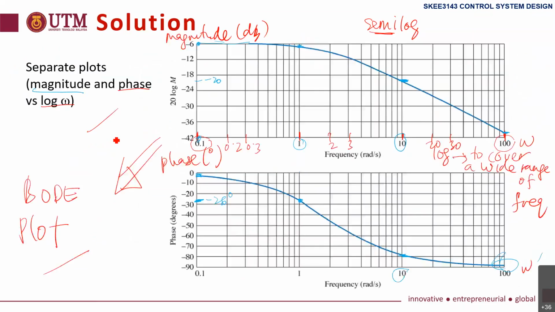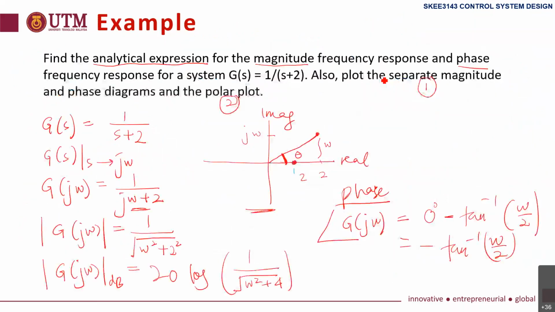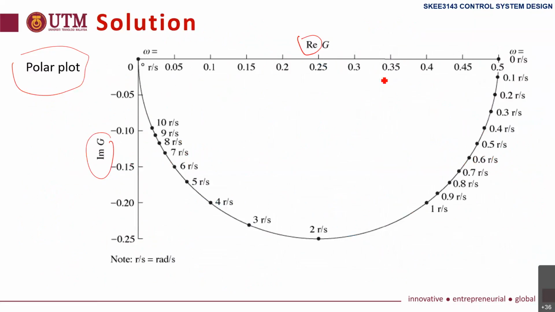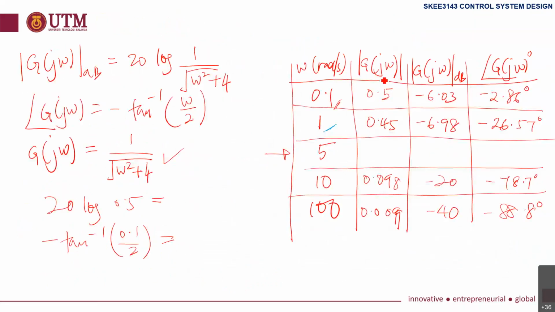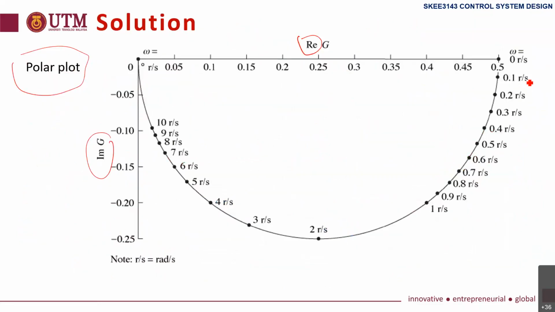Let's say we take one data point, 0.1. The polar plot is not in dB. It uses the normal magnitude without dB, 0.5, and angle minus 2.86. How do we get the polar plot? We take minus 2.86 degrees and magnitude 0.5.